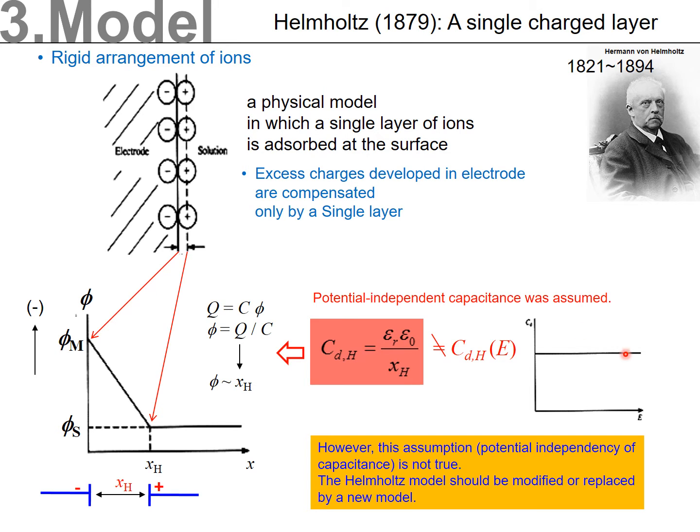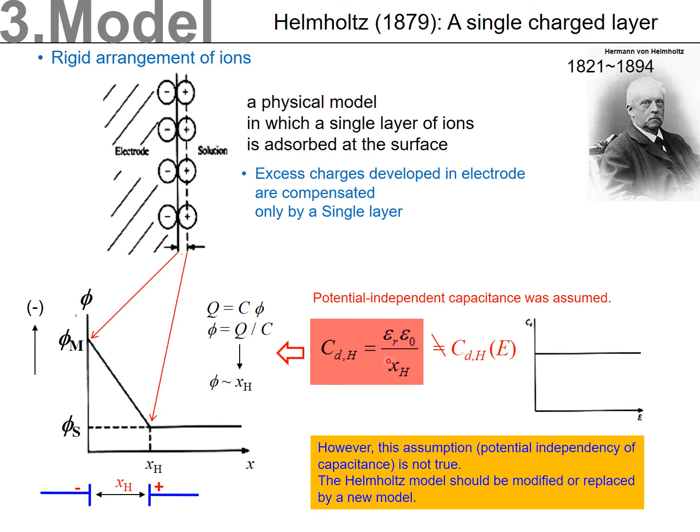This capacitance can be described by this equation. Here you can find some distance from the electrode surface to a position. So x_H means actually the distance between two plates for the capacitance.